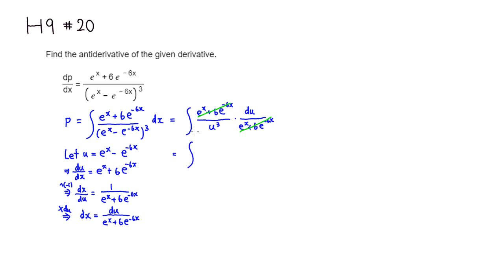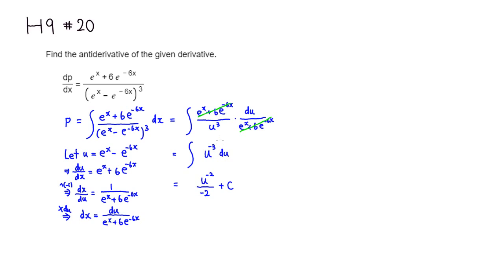Once you clean it up, you're going to get an integral. I don't like fractions, so I'm going to write 1 over u cubed as u to the negative 3 power. Then we want to integrate it with respect to u. This is just the power rule: add 1 to the power, so it's negative 2, and divide by that power, so over negative 2, plus some constant c.